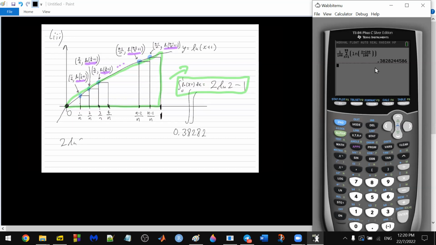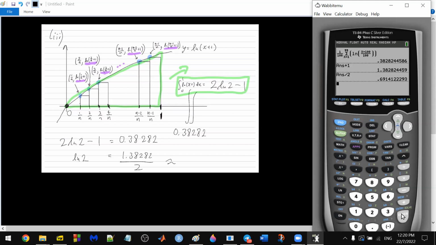So 2 ln 2 minus 1 equals 0.38282. Then you just solve for ln 2. Make ln 2 the subject. You get 1.38282 divided by 2, which is approximately, let's see, I add 1 to this, I divide by 2, I get 0.69141.